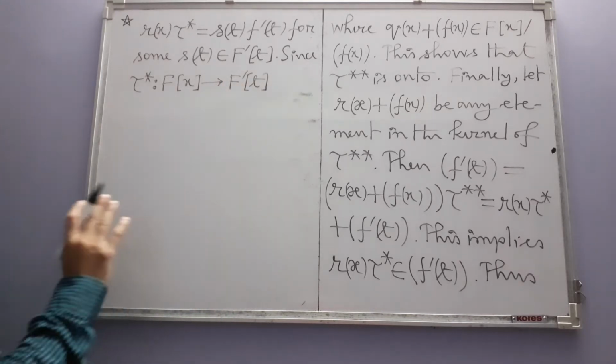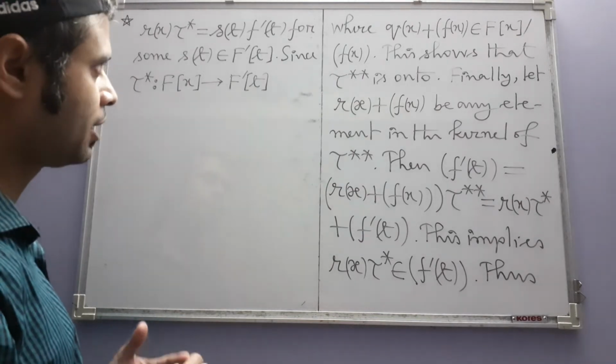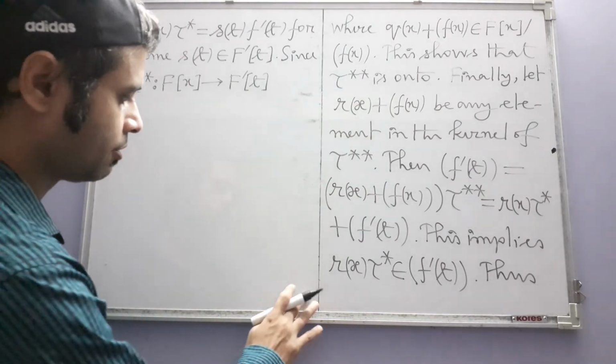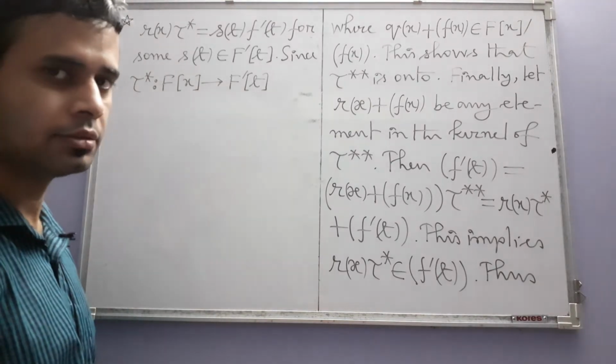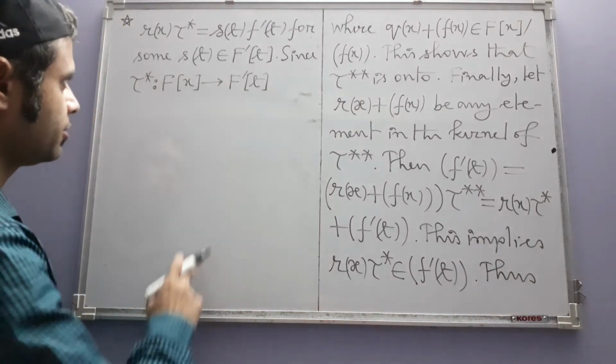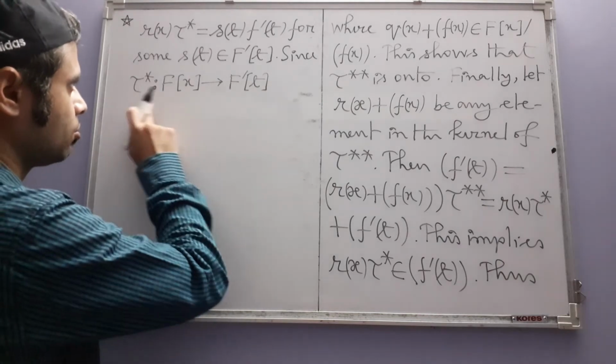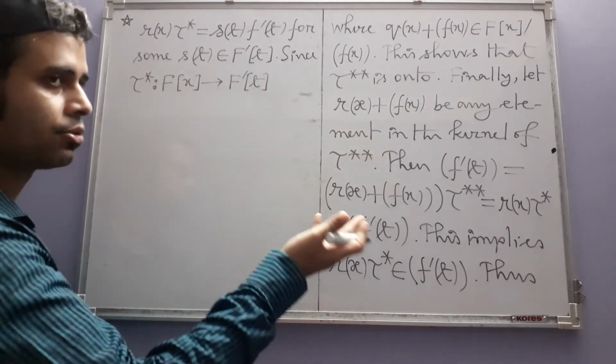You may have noticed that whenever I am using the ontoness of tau star, I am mentioning the domain and range or codomain. That is because it will show us what we are going to write.